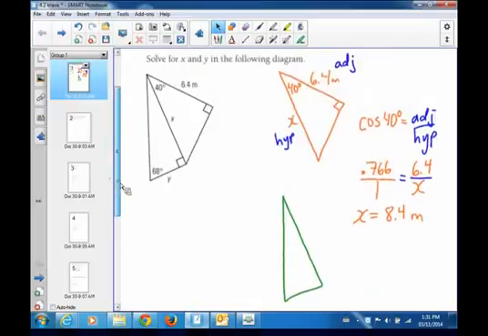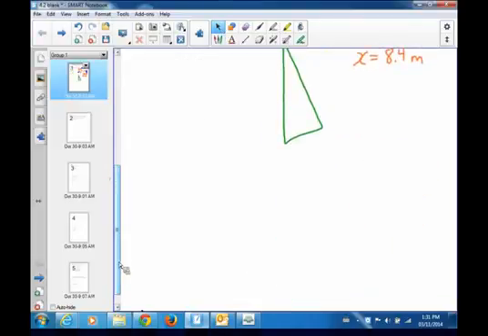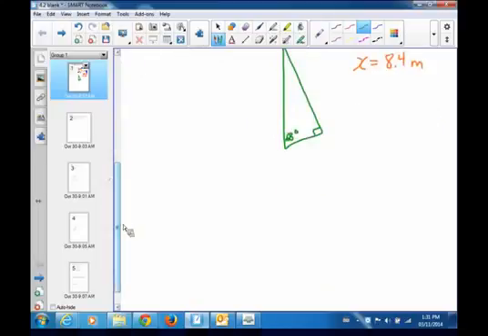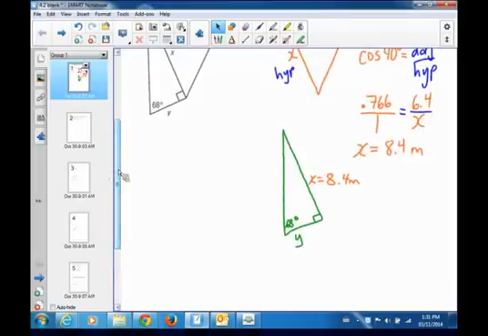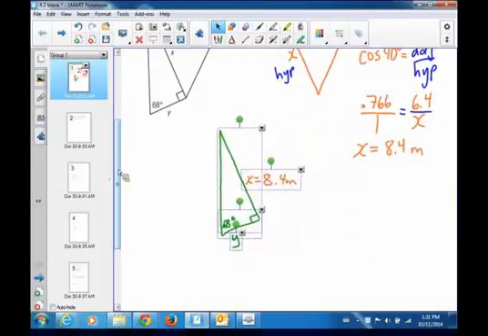It has 68 degrees and the letter y. I already know from the other answer that x is 8.4 meters. So I don't need to call it x anymore, but that's where it's from. I'm using the original color so you know where that came from.